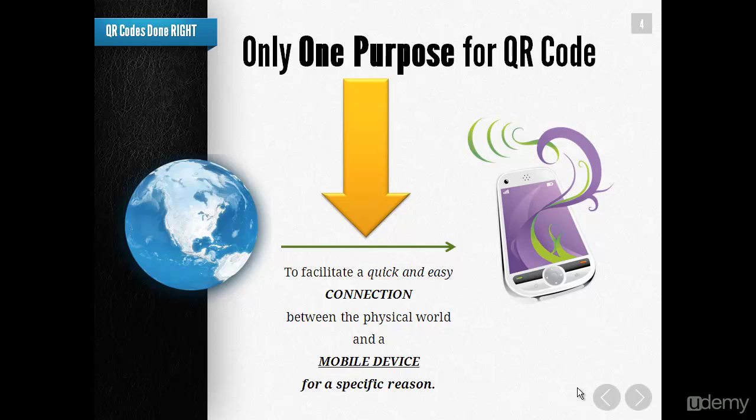It's to give a quick and easy connection between the physical world and a mobile device. And it needs to be for a specific reason. You never want to be using a QR code that does anything but snap from the physical world and make something happen on mobile, for mobile, with a specific reason.